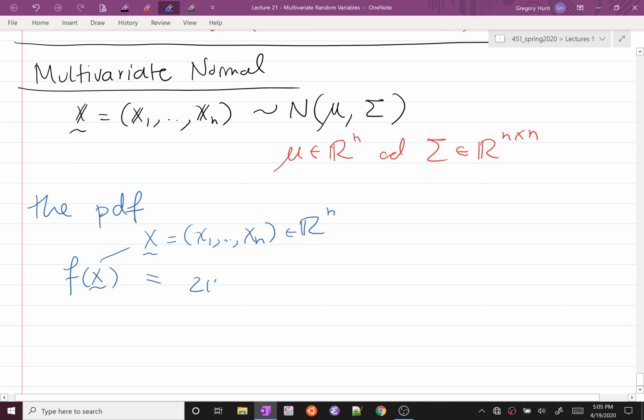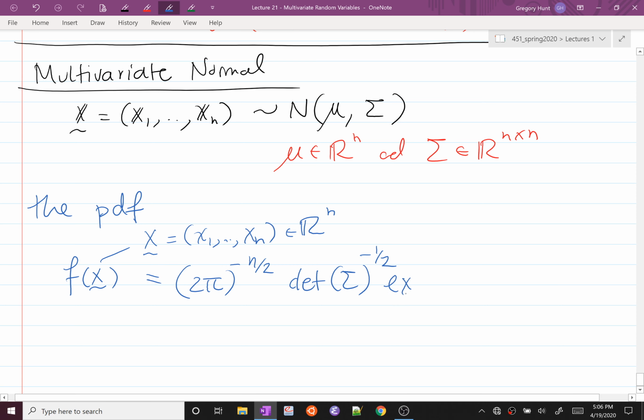It's 2 pi, well, that shows up again, to the negative n over 2, determinant of sigma to the negative 1/2. 2 pi to the negative n over 2 is like 1 over root 2 pi, but now we have a power of n because it's multivariate. Instead of having 1 over sigma, we have 1 over the square root of the determinant of the covariance.